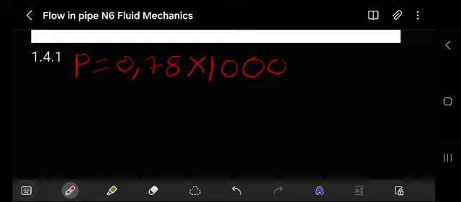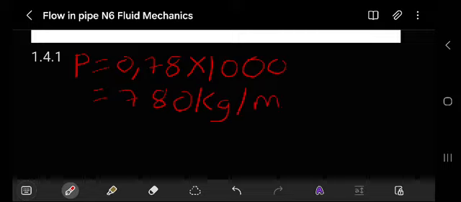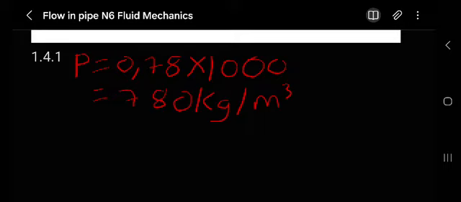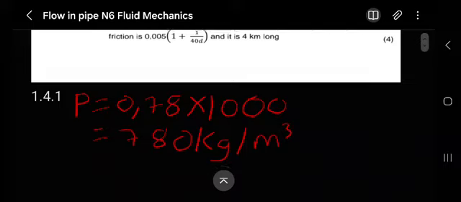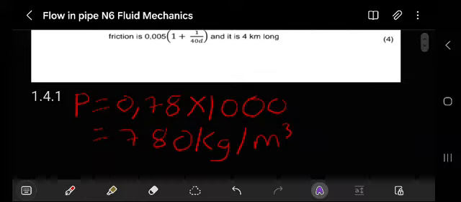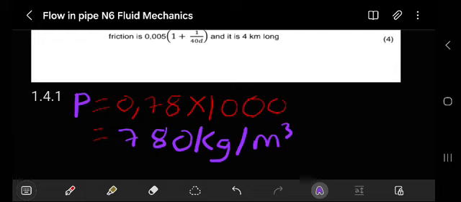Remember, this is the density of water. When you multiply, this will be 780 kg per cubic meter. That is the density of the substance.